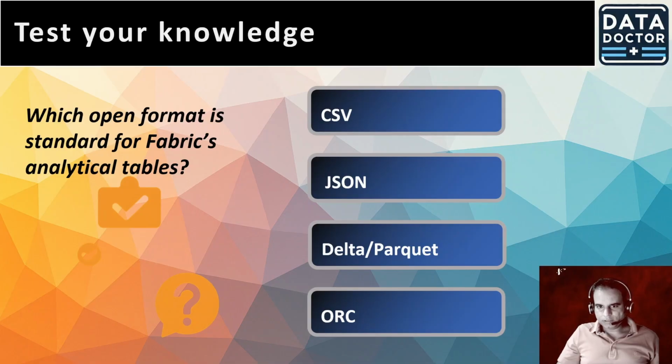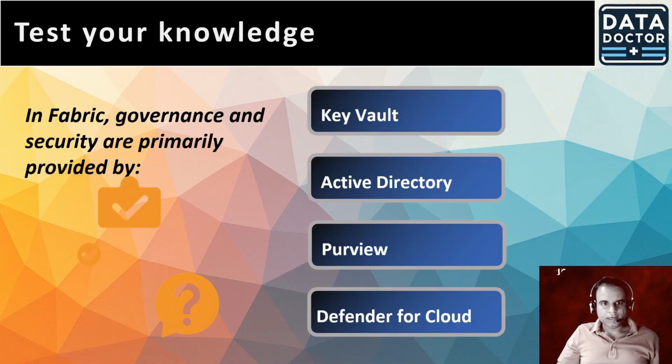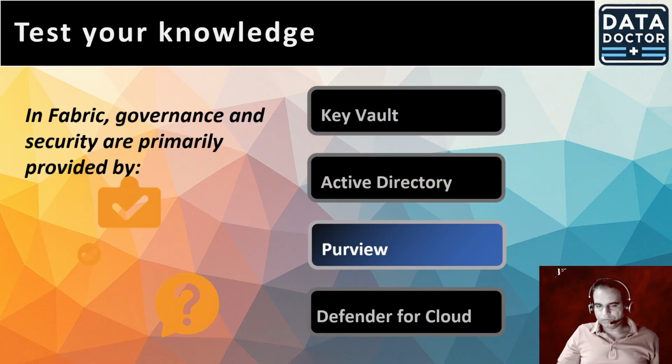Is it CSV, JSON, Delta Parquet, or ORC? I hope that you have selected Delta Parquet. This is the right answer. And the last question, in Fabric, governance and security are primarily provided by Key Vault, Active Directory, Purview, or Defender for Cloud. And the right answer is Purview.